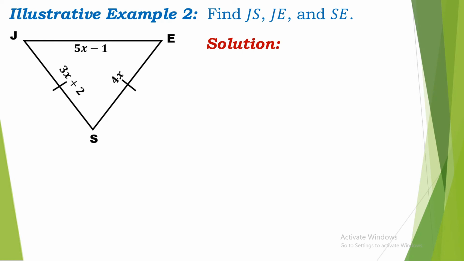So for the solution, first we have to solve for x, and that is by using the congruent sides, segment JS and segment ES. Segment ES measures 4x while segment JS measures 3x plus 2.